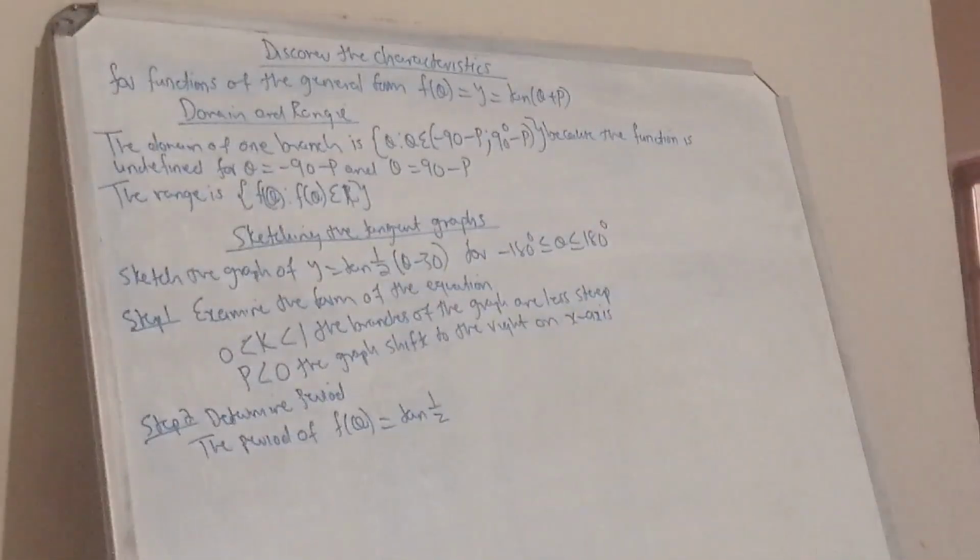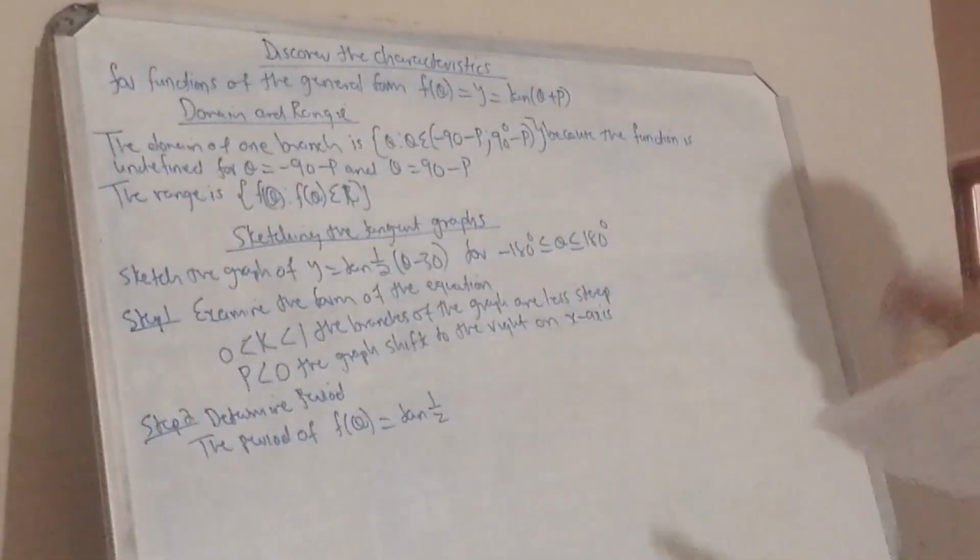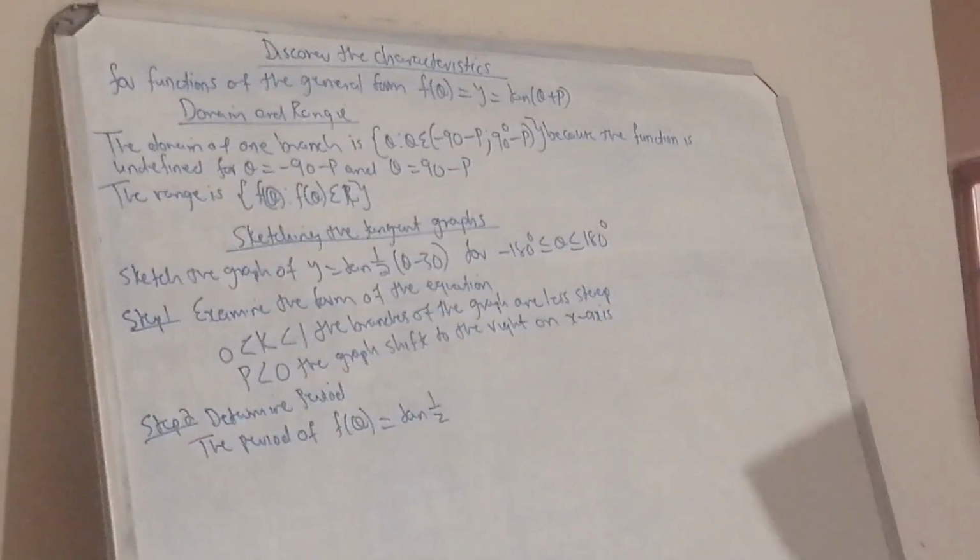I'm very sorry, K is between 0 and 1, but the value of A is 1/2. There's a problem. No, the value of K is 1/2. I'm sorry, I copied it wrong.